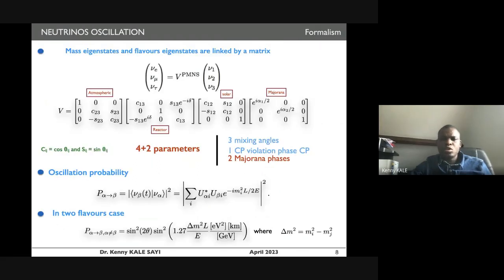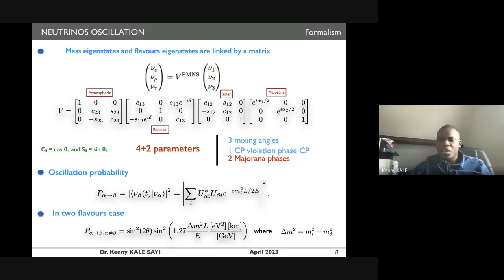Now I want to show you just a few calculations. Don't be scared. In the mathematical framework, if neutrinos oscillate, this means that neutrinos as flavor states are different from neutrinos as mass states.